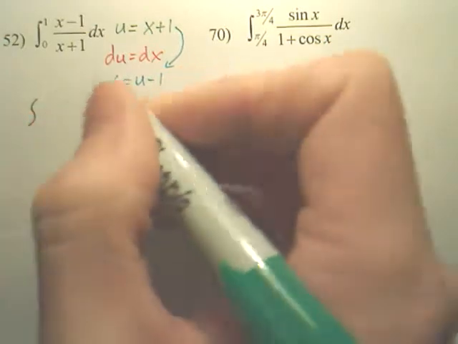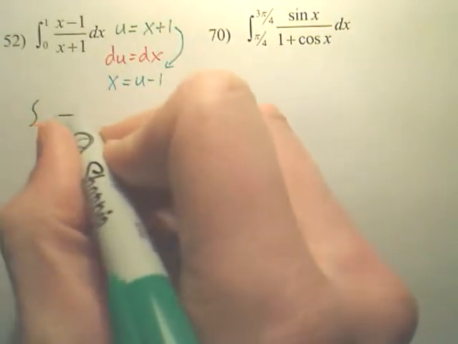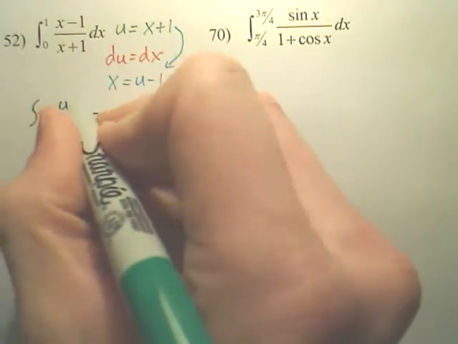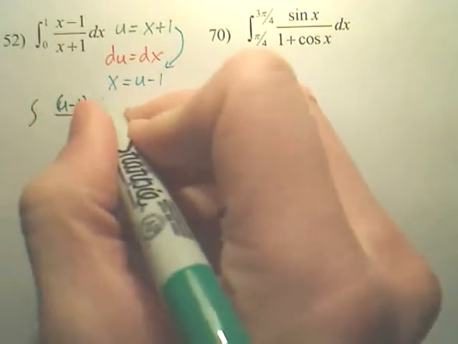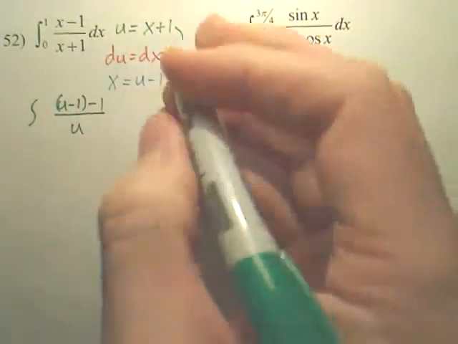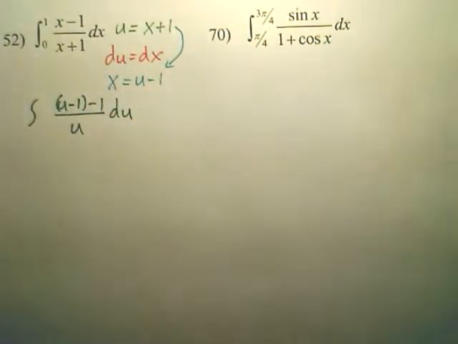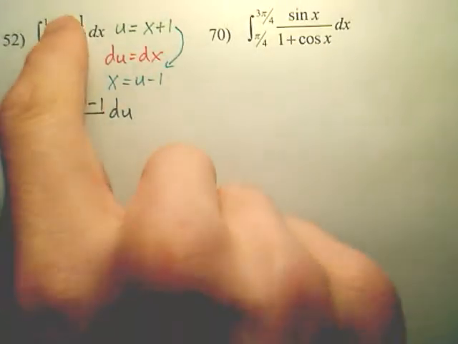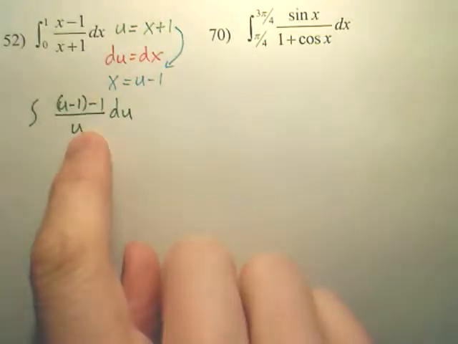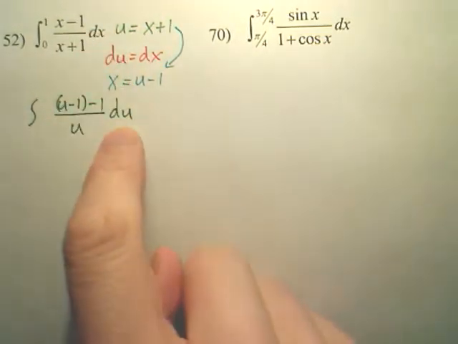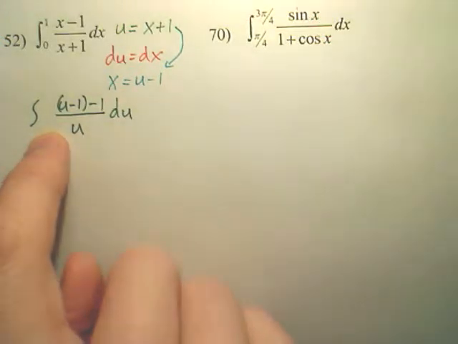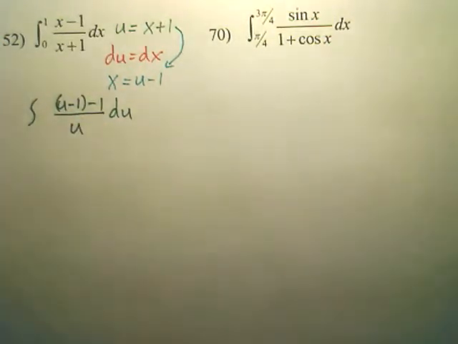I'm not going to put the interval there yet, but watch. The top x is u minus 1, minus 1. The bottom is u. dx is du. So again, I replaced x with this, left the minus 1, replaced the bottom with u, replaced the dx with du.